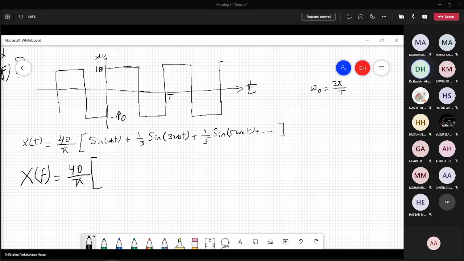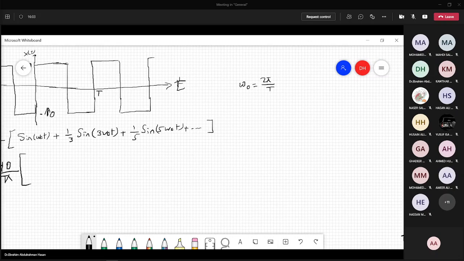إذا طلعت في الجدول, table number 1 for sine: a sine omega naught t, Fourier transform equal to half delta f minus f naught, okay, plus delta, sorry, minus delta f plus f naught divided by j2. هذه المكتوبة في الجدول.